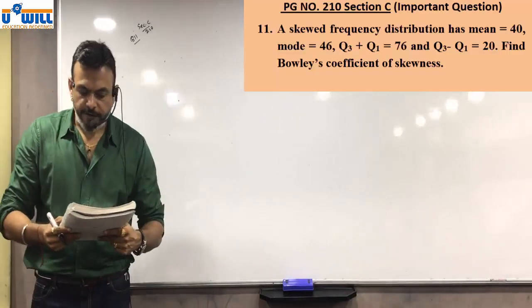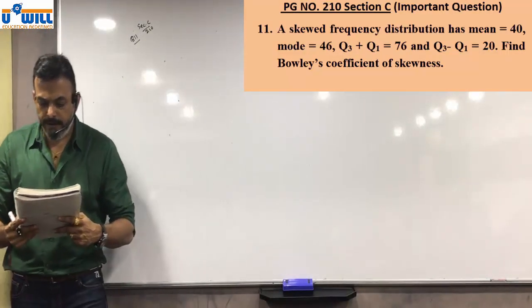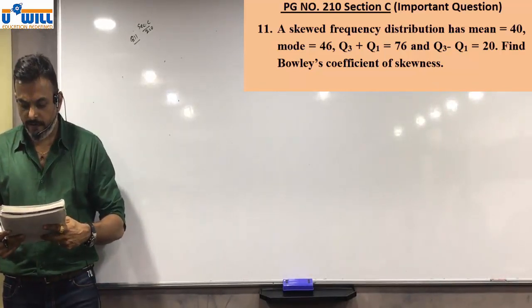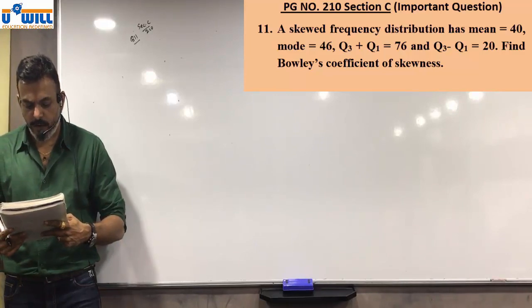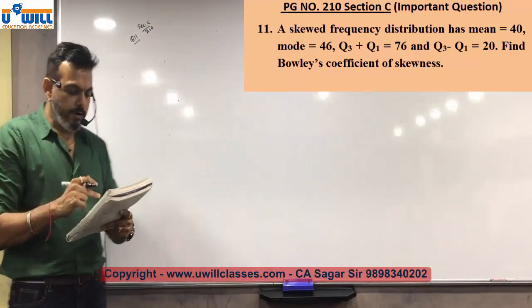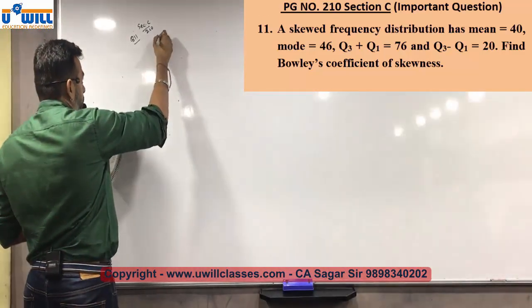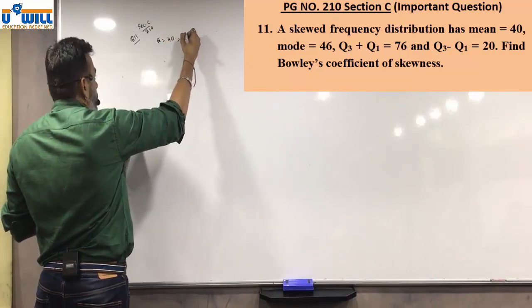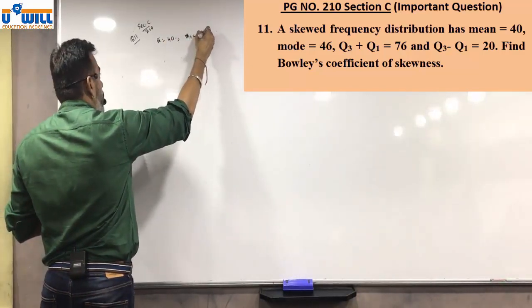11. A skewed frequency distribution has mean is equal to 40, mode 46, Q3 plus Q1 76 and Q3 minus Q1 is 20. Find Pearson's coefficient of skewness. Now, what is given? Mean is given. X bar is equal to 40. Mode is given, which is equal to 46.